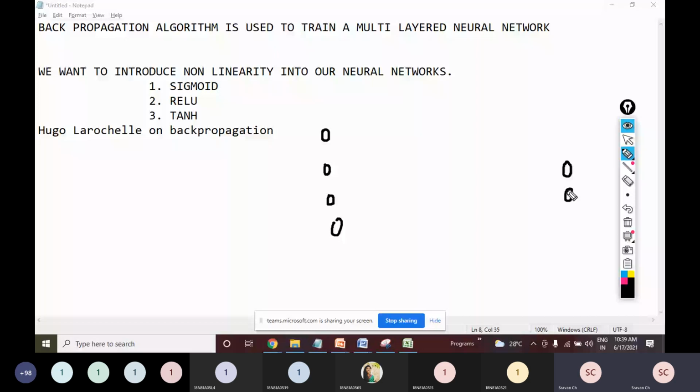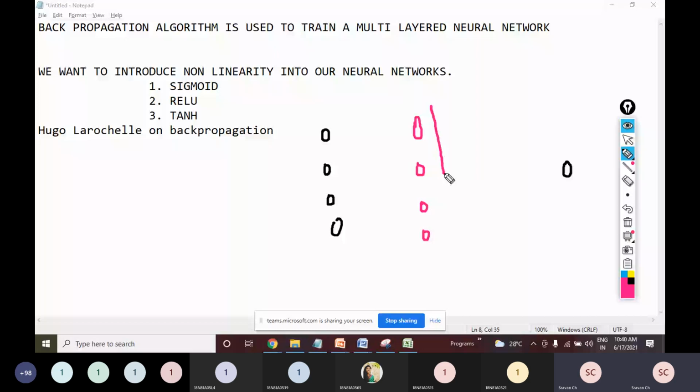Now friends, between these inputs and outputs you can have hidden layers. So this one is a hidden layer. I can have any number of hidden layers. So one input layer, one hidden layer. In total, this is called a two-layer neural network.